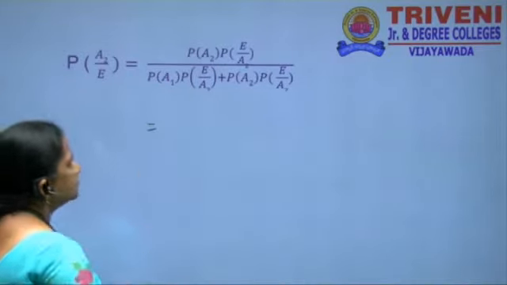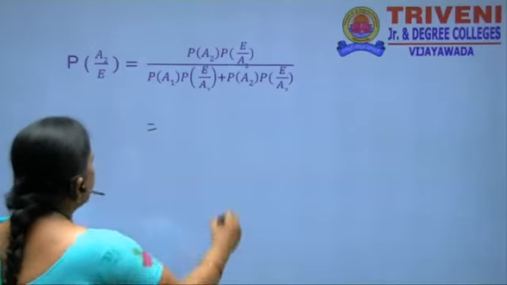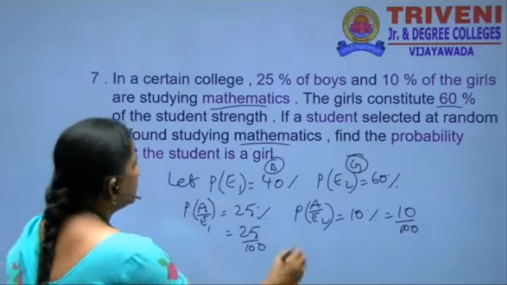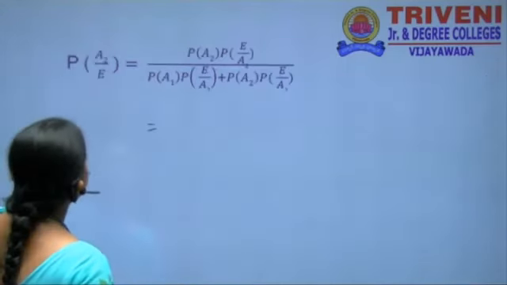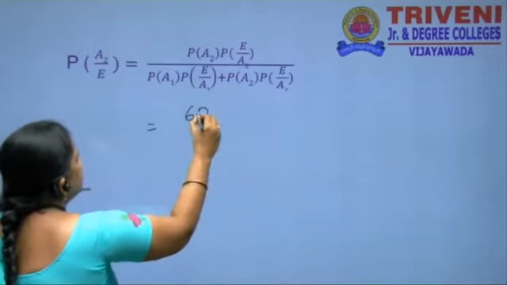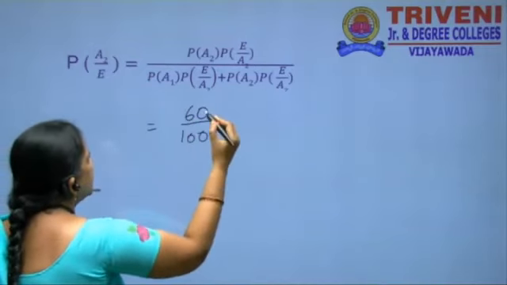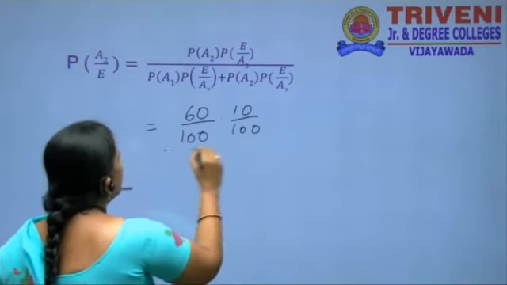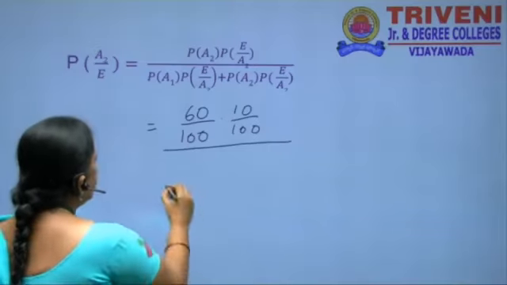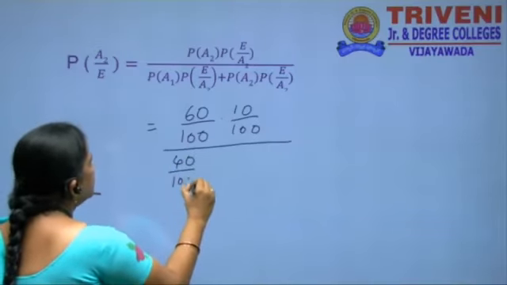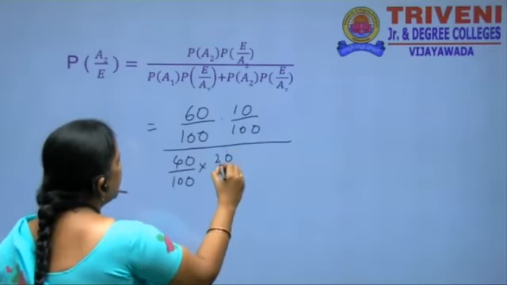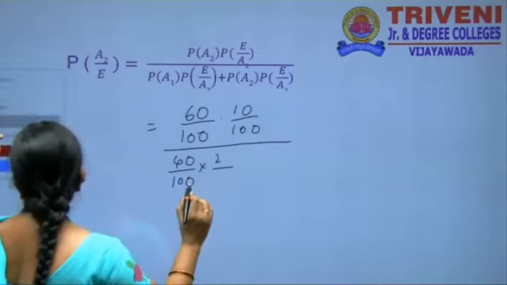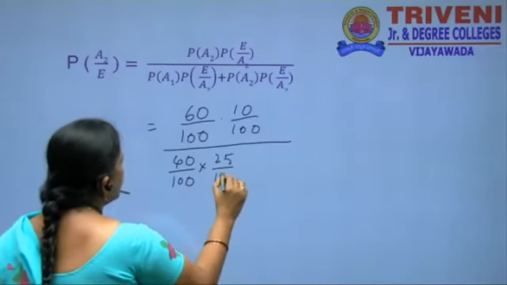P of E2 is 60%. 60% means 60 by 100 and P of A by E2 is 10 by 100. Here also P of E1 is 40 by 100 into 25 by 100.